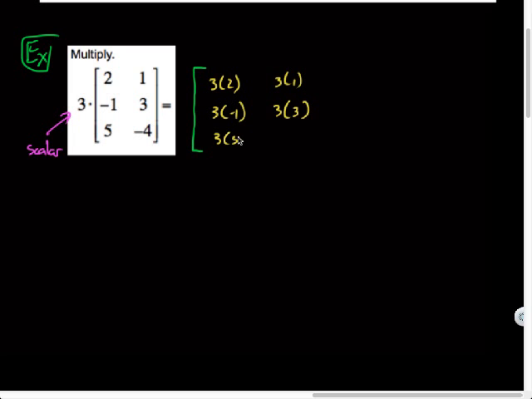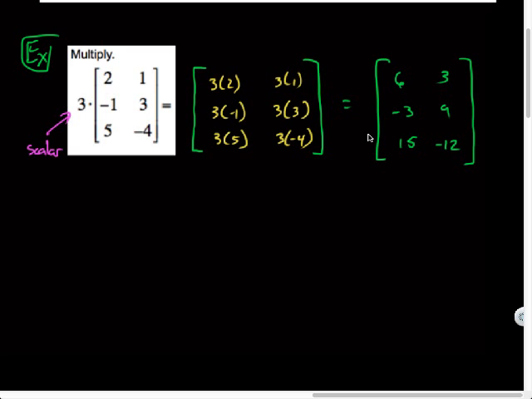So let's see, 3 times 5 and 3 times -4. So I'm expecting my answer to be exactly the same size. And I would have 6, 3, -3, 9, 15, and -12. All right, so that would be my answer.